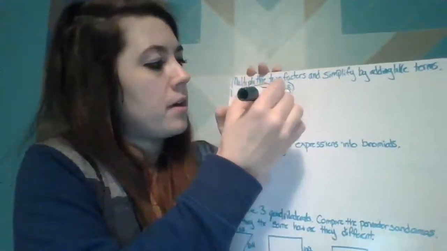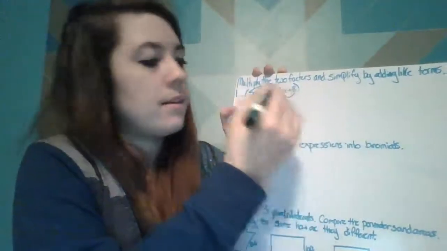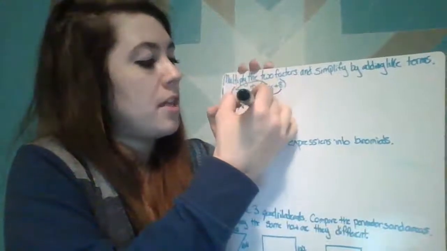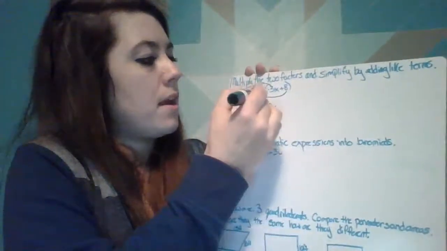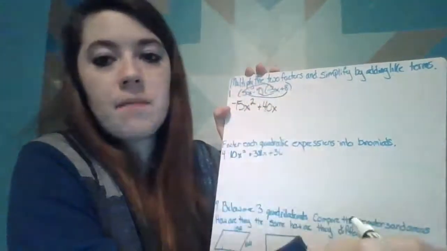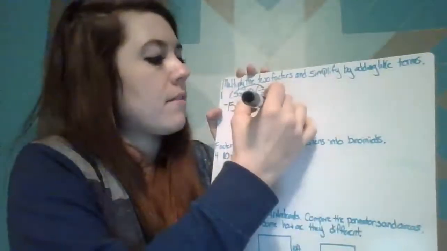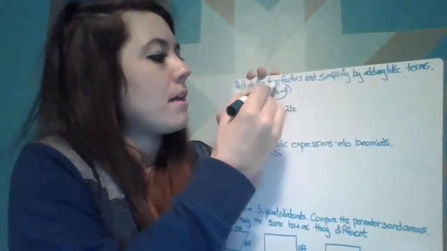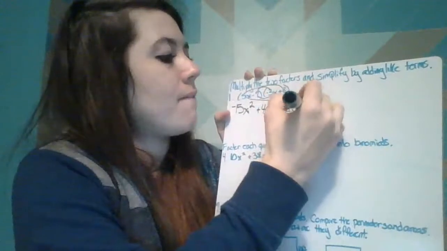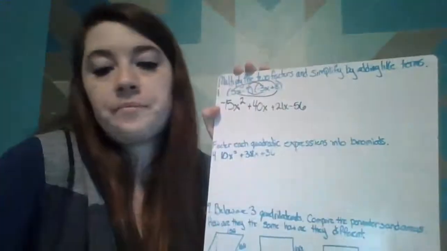Then we do outer, so 5x times 8 is going to give us a plus 40x. Then inner, negative 7 times negative 3x will give us a positive 21x. And then negative 7 times a positive 8 will give us a negative 56.